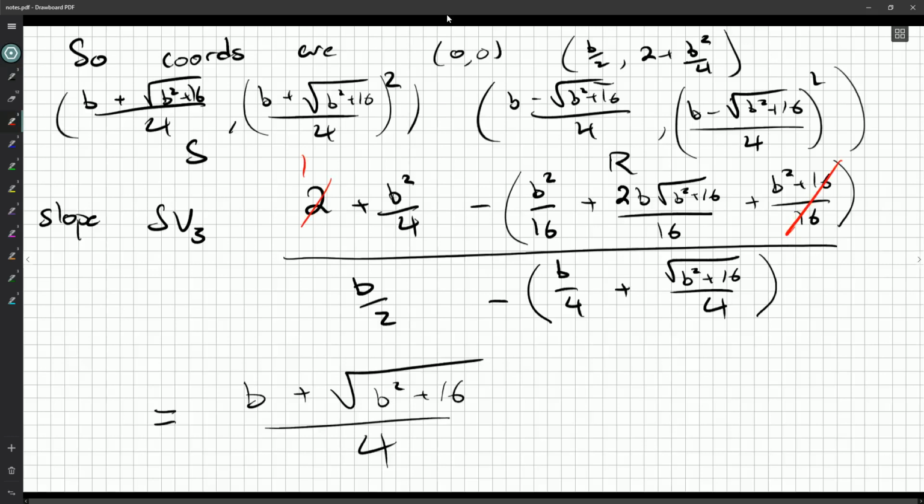We got a b squared over 16 and another b squared over 16, so that's b squared over 8. So that and that and that leave me with a b squared over 8. Alright, I think that's as good as I can get right now.